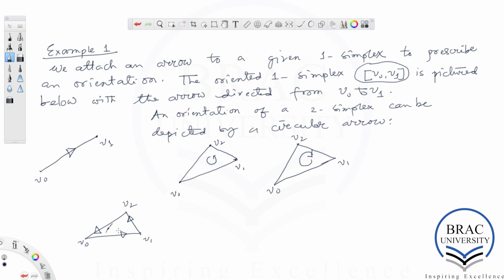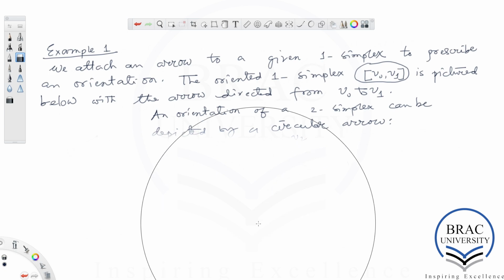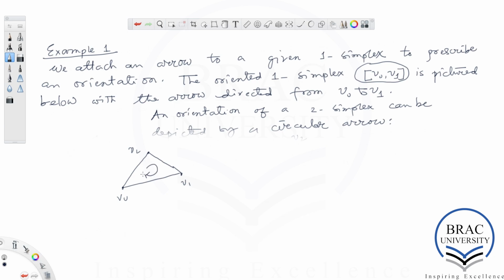Now look at this picture. Let me erase; there are too many triangles here. So v0, v1 and v2, and we have a two simplex with a prescribed orientation. Say we have a clockwise orientation.